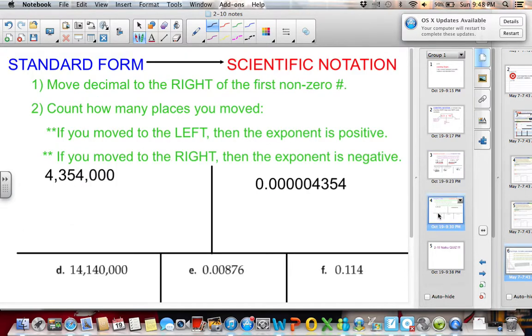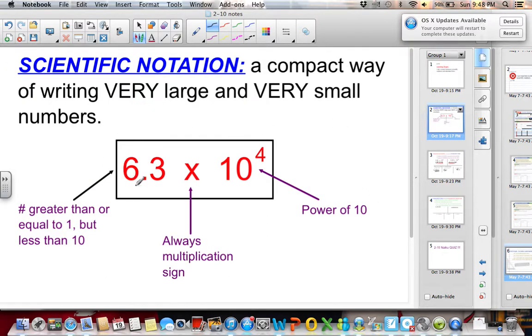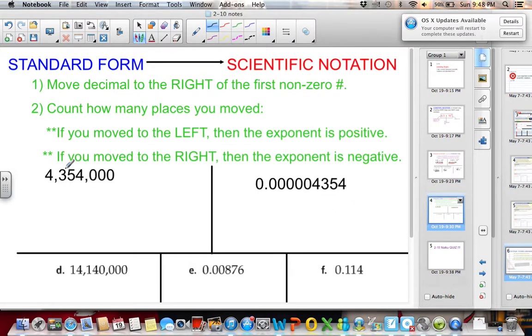All right, if we want to change from standard form to scientific notation, this is a little bit more confusing. Remember, if I go back to this really quick, in scientific notation we always have to have a number between 1 and 10. So looking here at my number, 4,354,000, I first need to look at my step 1.